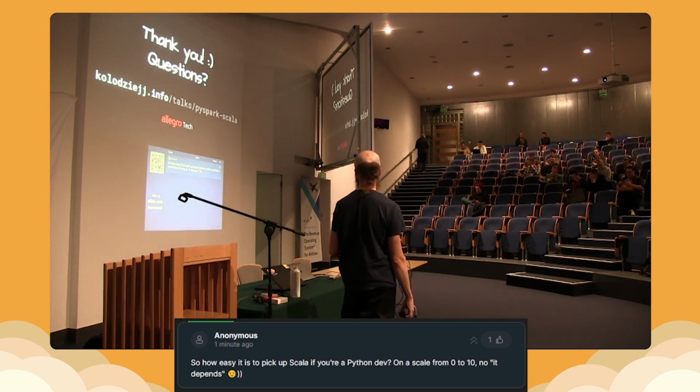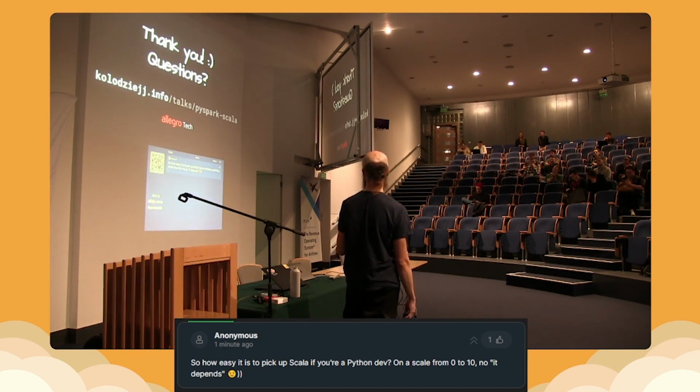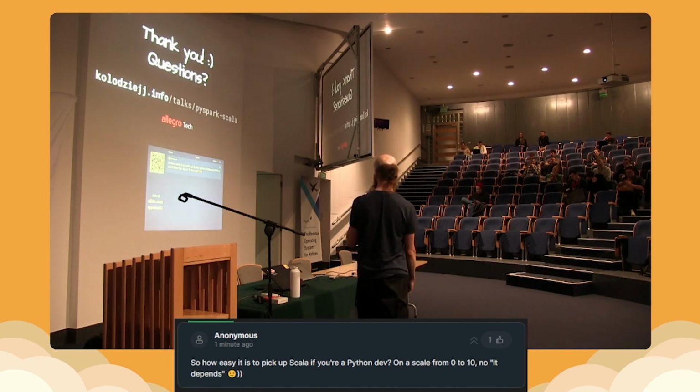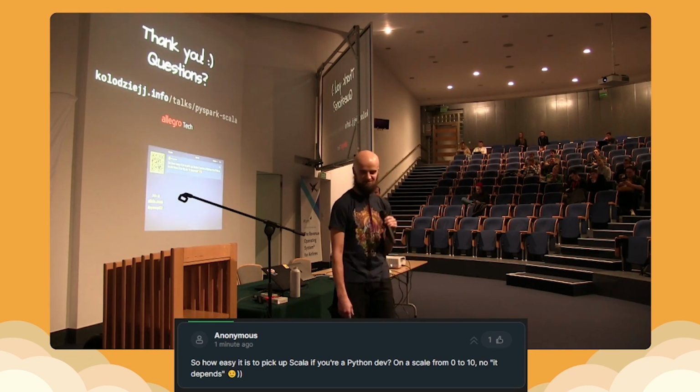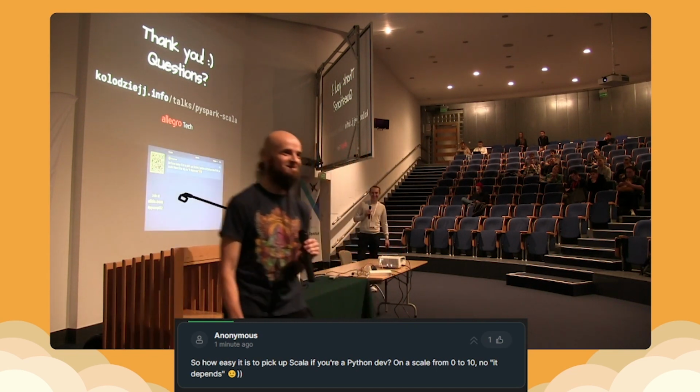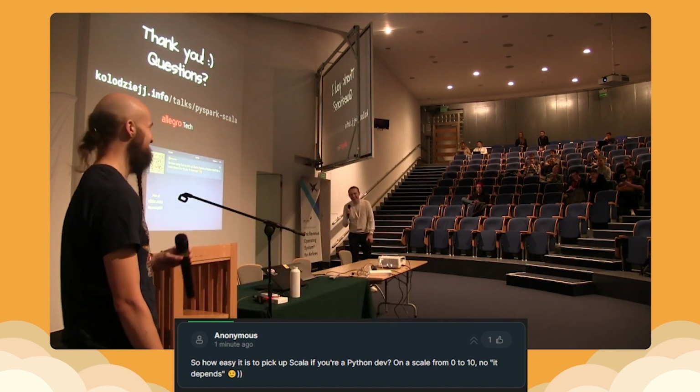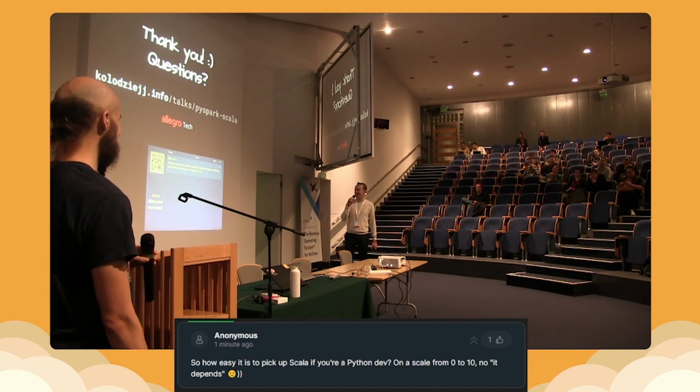So how easy is it to pick up Scala if you're a Python dev, on a scale from 0 to 10? It depends, isn't the answer. How easy? 10 being easy, right? I don't know, 6. 6.5. Depends how you understand 6, yeah.